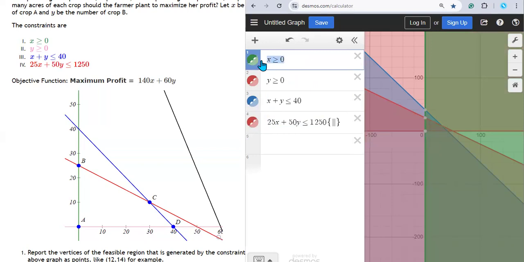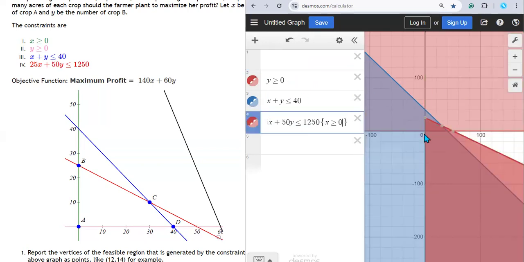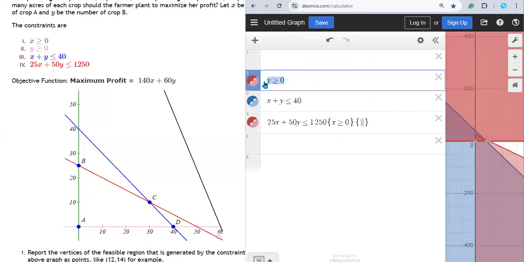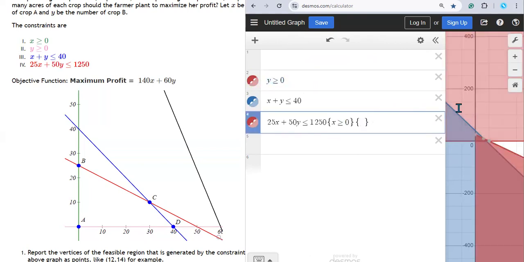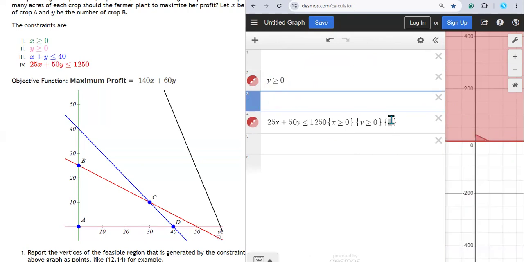I'm going to copy and cut that and put it here. Then I'm going to do the same thing for y greater than or equal to 0. And then I'm going to do the same thing for x plus y less than or equal to 40.